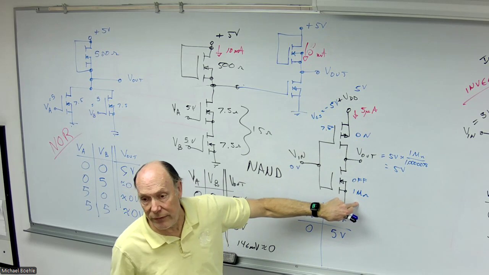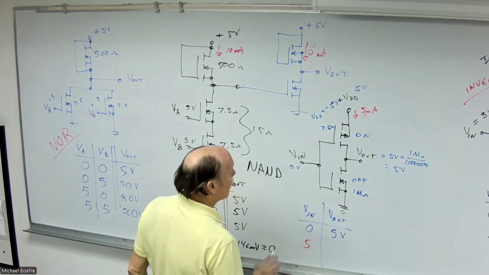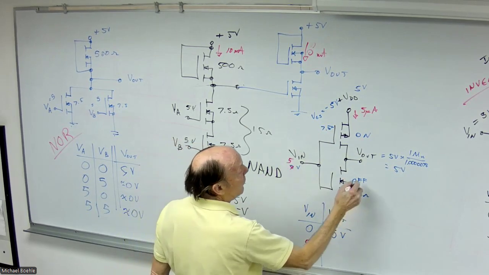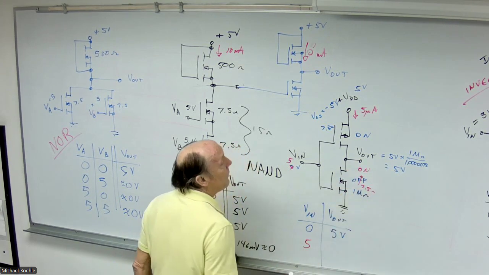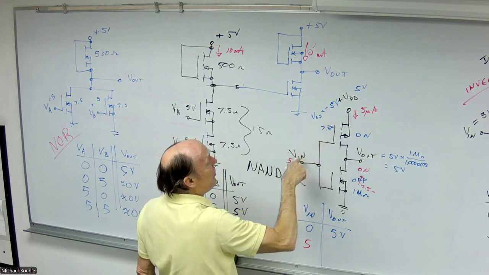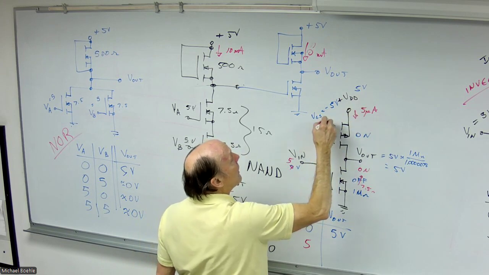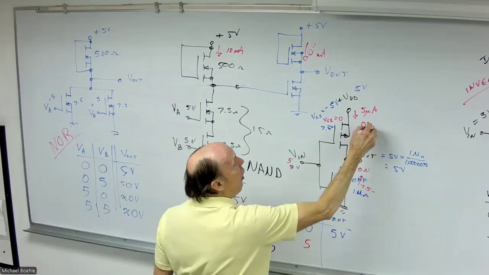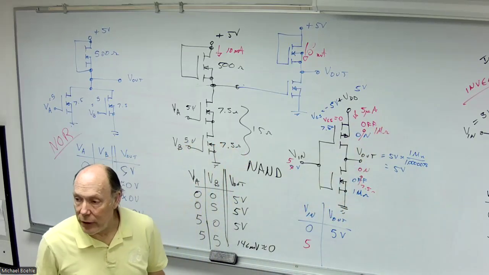We're just dividing 5. Now, when I put 5 volts in, this transistor is now on, acting like 7.5 ohms. The gate source voltage here is 5 minus 5. Oh, now the gate source voltage here is 0. That transistor is off, acting like a 1 mega ohm resistor.